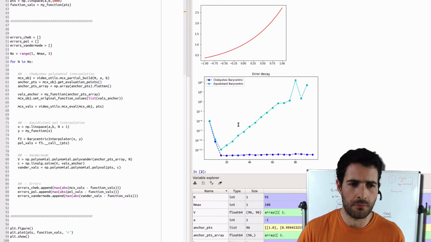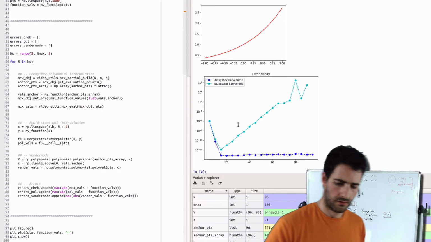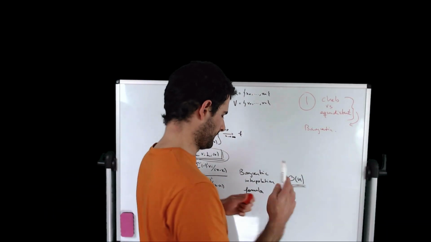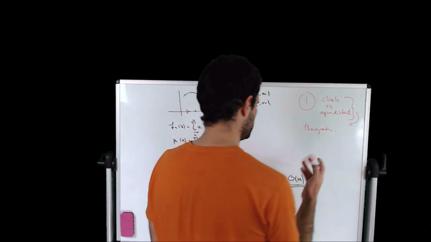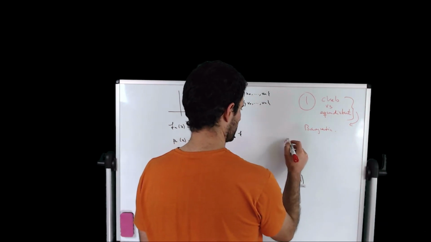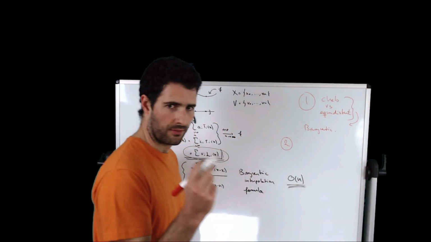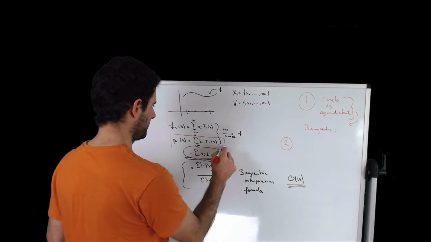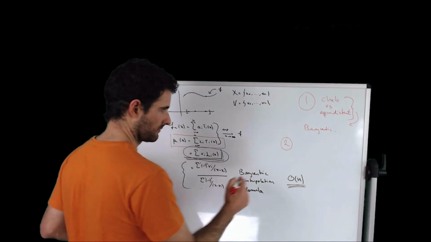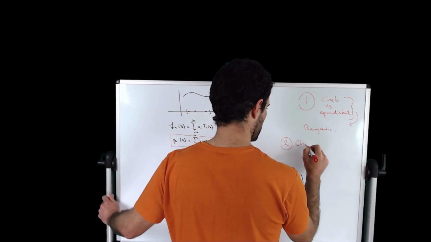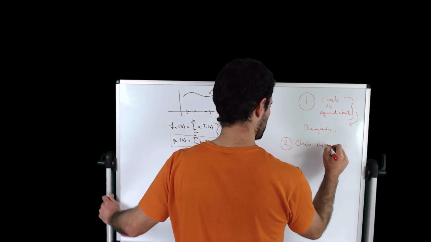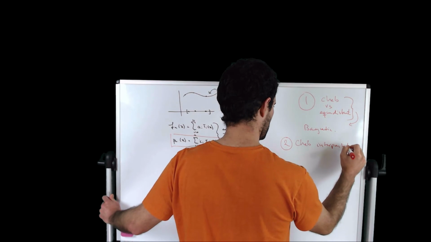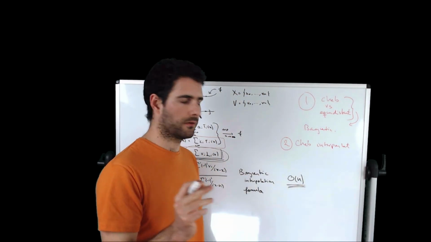This is a perfect example of numerical instability. And now, as a second example that I want to show you, we're going to have the same object, which is the Chebyshev interpolant, but evaluated in two different ways.